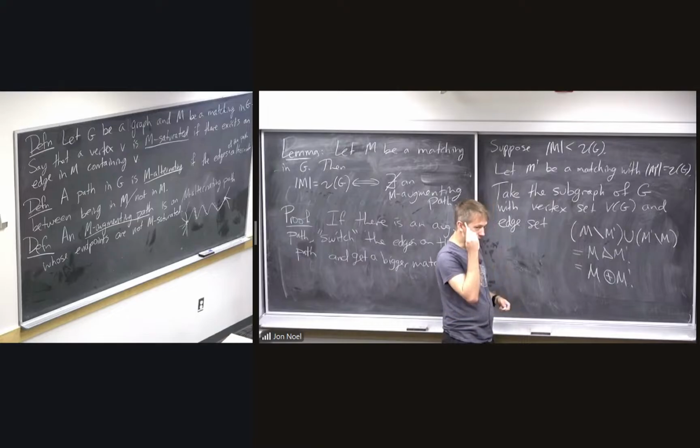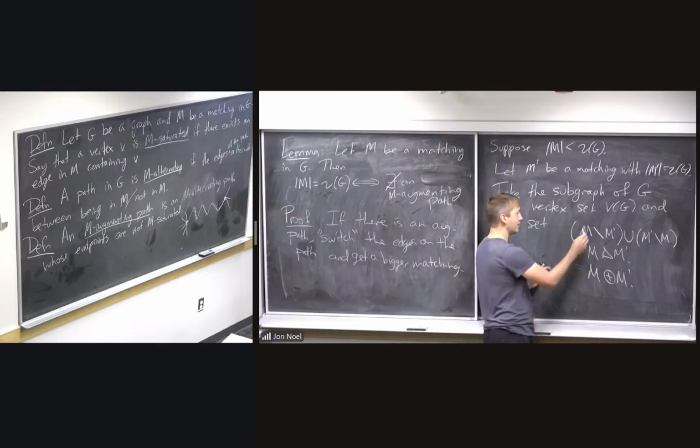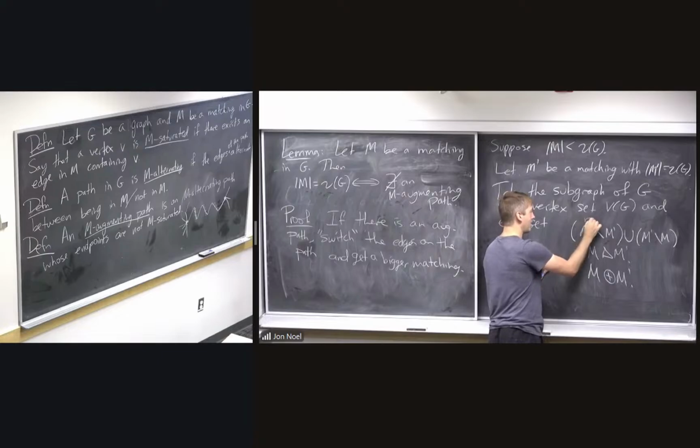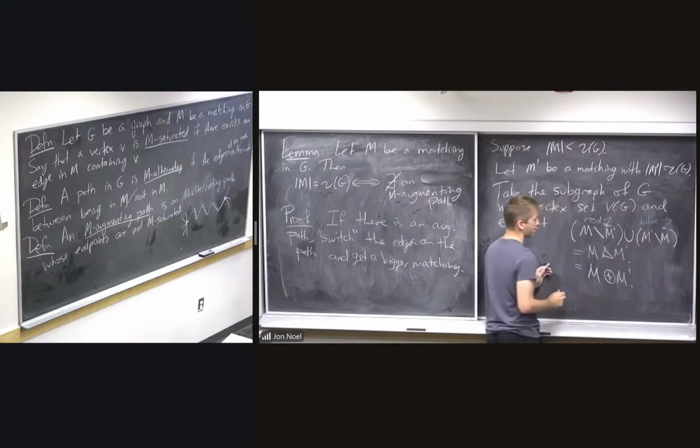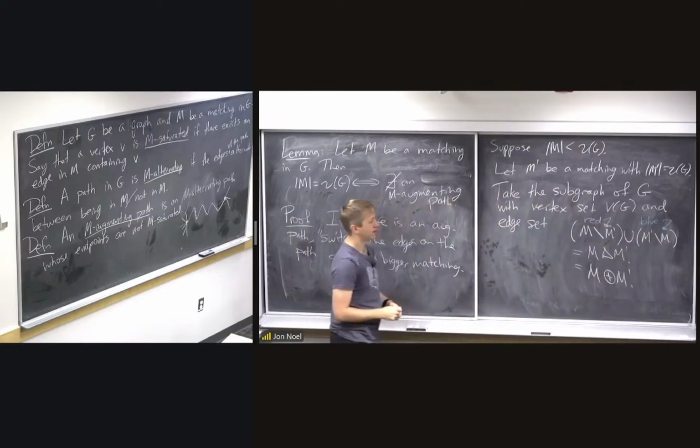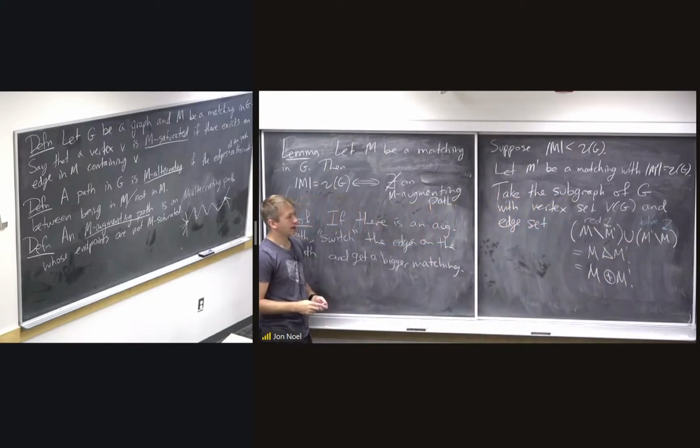It's helpful to think of these edges as colored. Let's color these edges red, and color these ones blue. Since these are matchings, every vertex has at most one red edge touching it, and at most one blue.